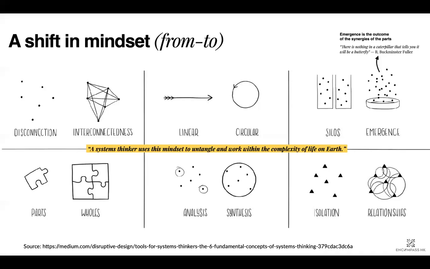Here are some examples of how systems thinking changes our mindset. I won't go through all of them, but I will explain some interesting ones. For example, we are really looking at interconnectedness, how different things are connected. Another important example is synthesis. A lot of our education teaches analysis.